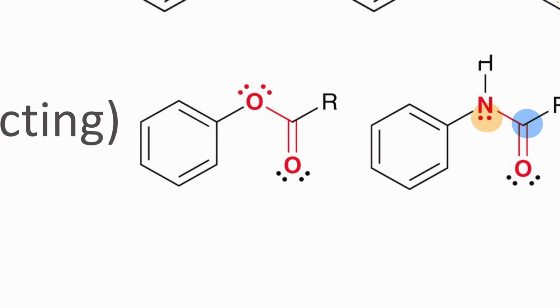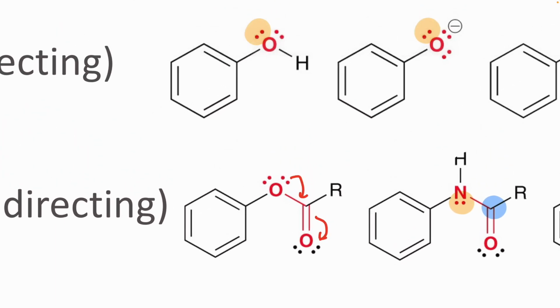But there's also resonance structures where that carbonyl group is taking some of that electron density away. So these groups can donate their pair of electrons to the ring. They're just not as good at it because there's a carbonyl group on the other side pulling some of that electron density away.